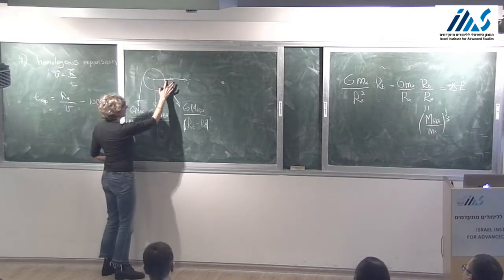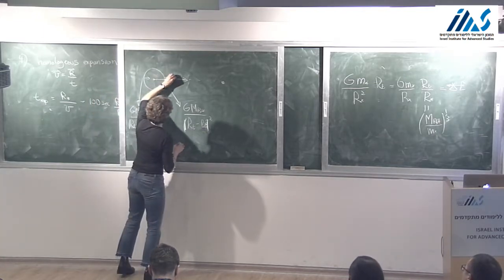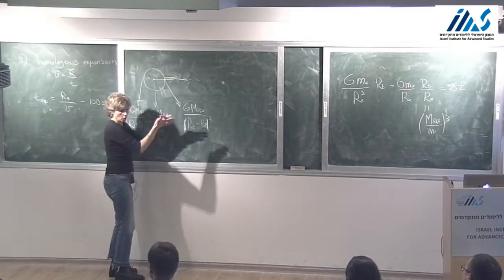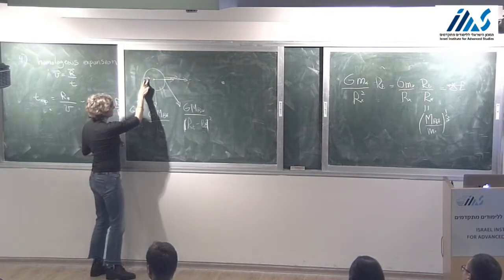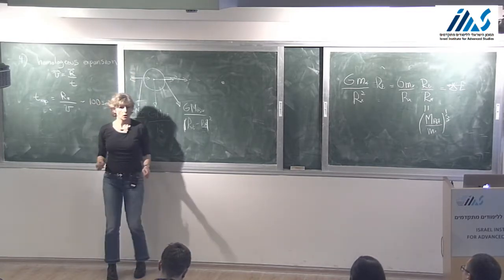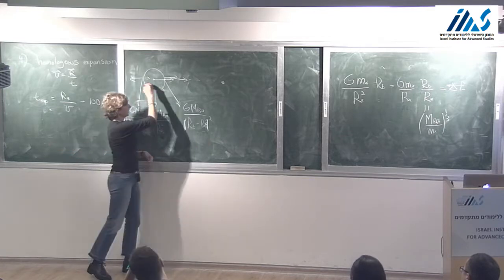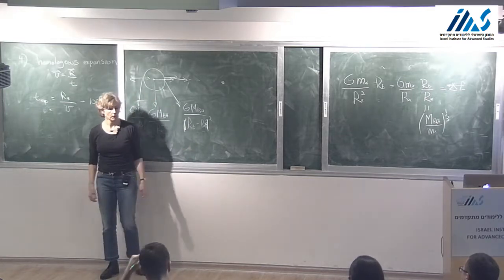This one is bigger than this, so I will have a force pulling still towards the black hole. This one is smaller, so I will have a force pulling in the opposite direction. So the star feels stretched, at least in the plane.